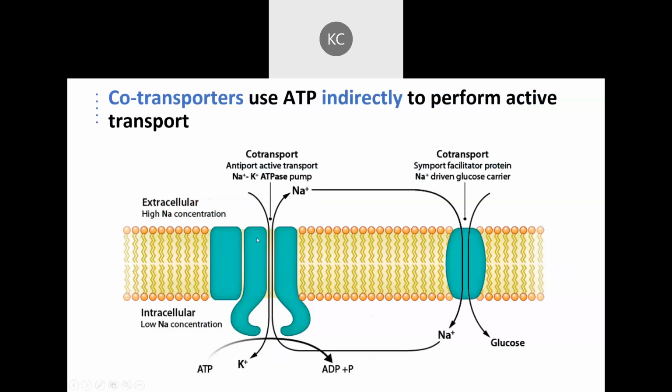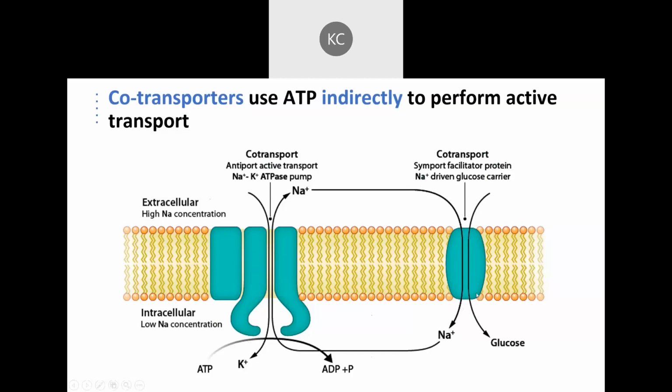So we use this sodium potassium pump that we just talked about, take sodium out of the cell, bring potassium into the cell. Now we have sodium outside where it's highly concentrated. Well, when sodium moves down its concentration gradient, that's just passive transport, right? And so sodium moving down its concentration gradient toward the inside of the cell can facilitate the intake of glucose into the cell.